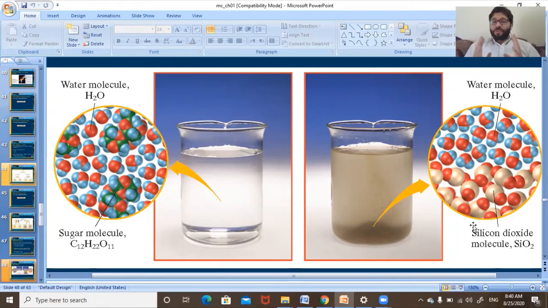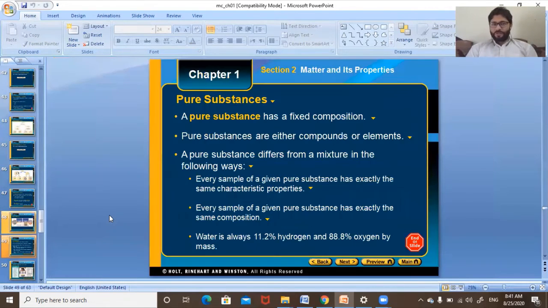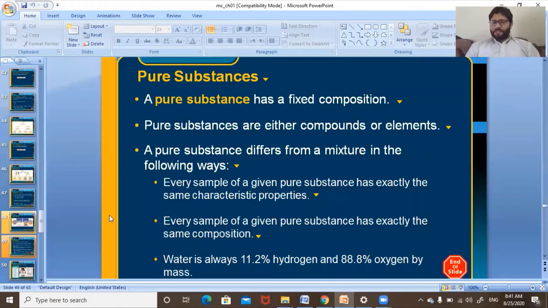They are not uniformly mixed with the solvent, with the water. Such a kind of mixture is known as a heterogeneous mixture. Now, dear student, we discussed two important parts. Pure substances are divided into compounds and elements. Mixtures are divided into homogeneous mixtures and heterogeneous mixtures.